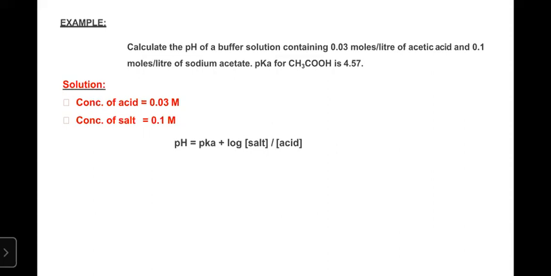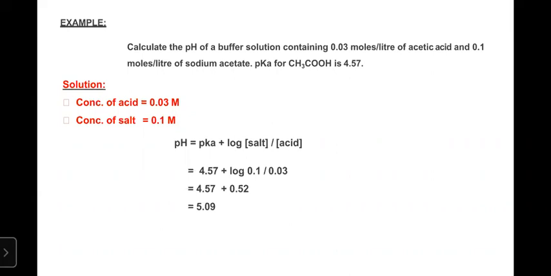Just put these three values in this equation. pH is pK plus log of salt, 0.1, by acid, 0.03. How much do you get? 5.09. Exactly. The value of pK is 4.57, the concentration of salt is 0.1, and the concentration of acid is 0.03, so finally you will get 5.09.